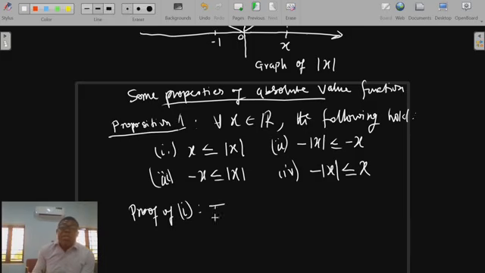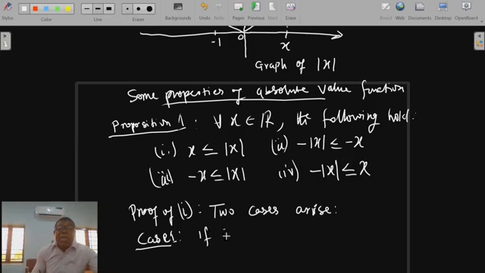Two cases arise. Two cases arise. And what are these two cases? Case one is the case where we assume that x is greater than or equal to 0.